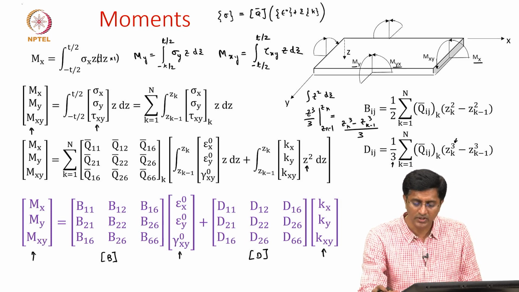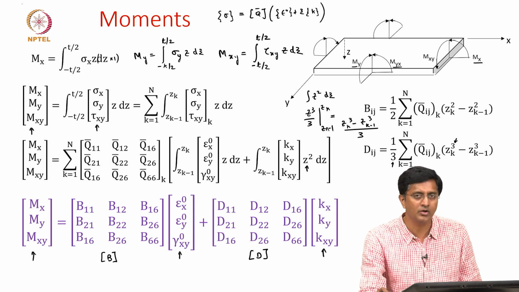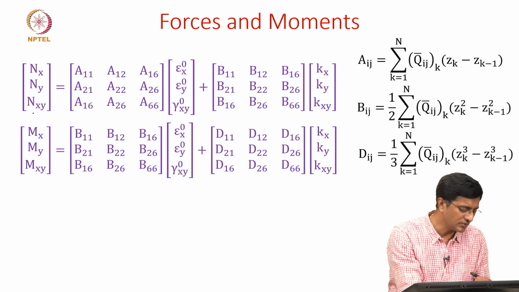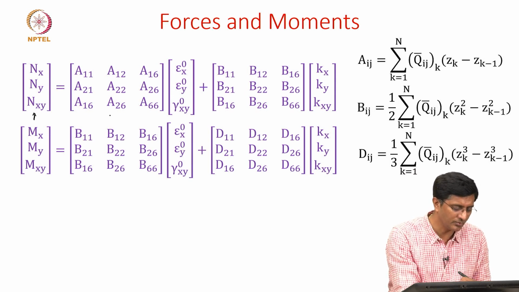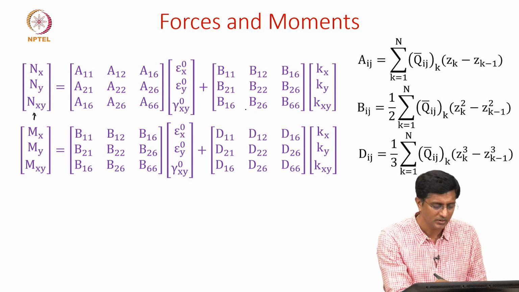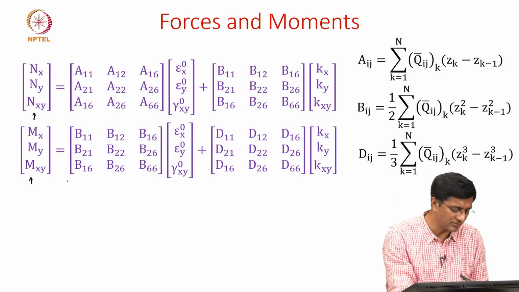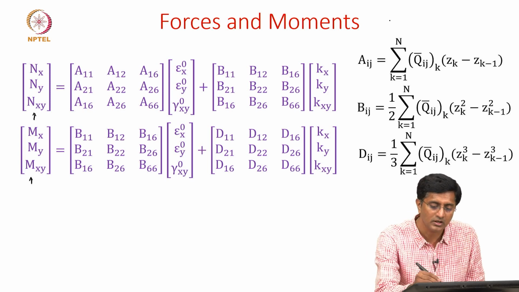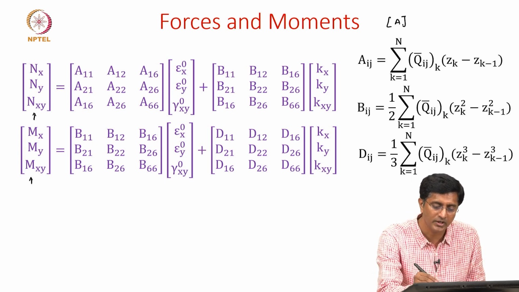So in summary, let's see what we have learned till now about the forces and the moments. For the forces, we are writing in terms of the matrices A and B. For the moments, we are writing in terms of these matrices B and D. So these are the commonly termed A, B, D matrices.